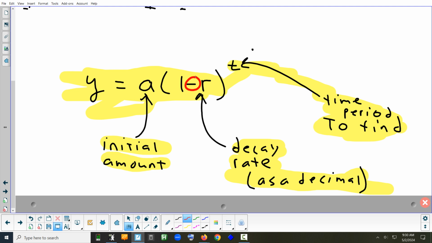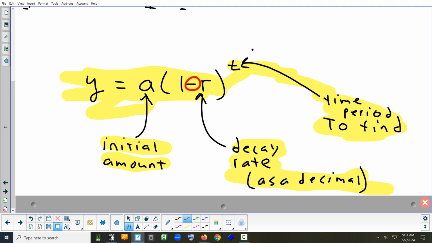Every letter still stands for exactly the same thing it did before. A is the initial amount. That could be an initial amount of money, people, butterflies, it could be anything, but it's the amount you start with. R is not the growth rate, R is the decay rate.